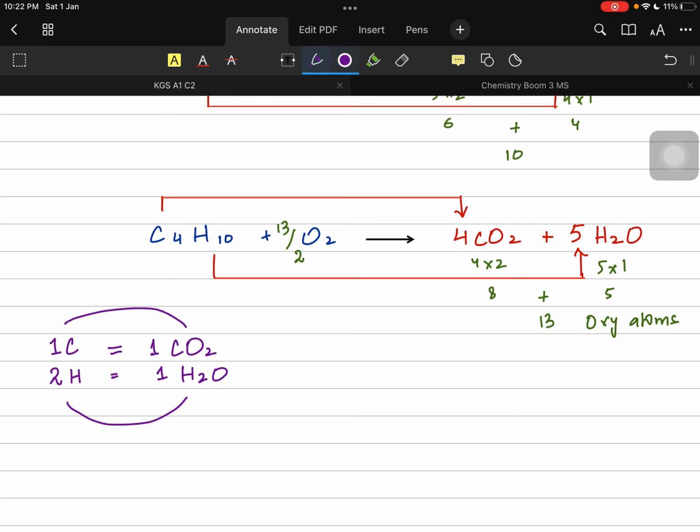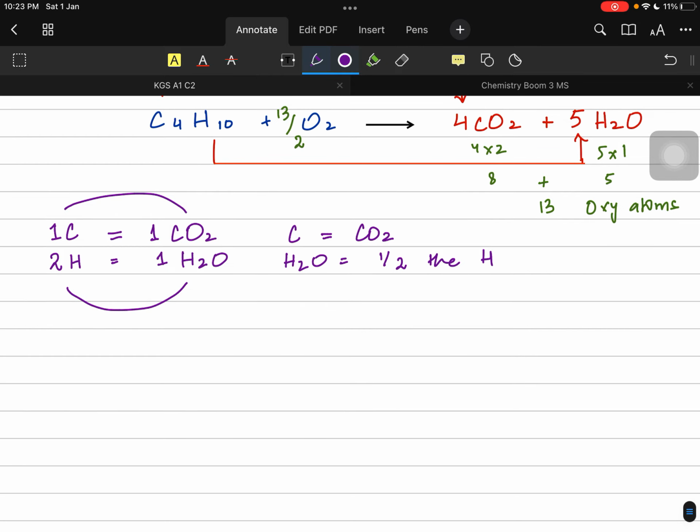And when you're done, you just count the number of oxygen and divide it by 2. So you can say carbon is equal to carbon dioxide, but water is equal to half the hydrogen. And then you just count the number of oxygen and divide it by 2.